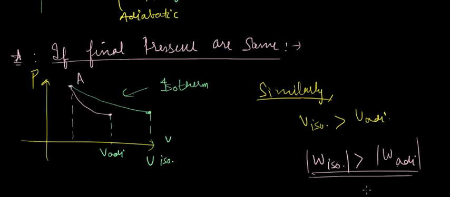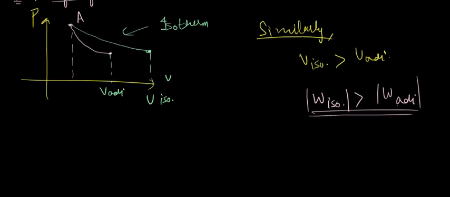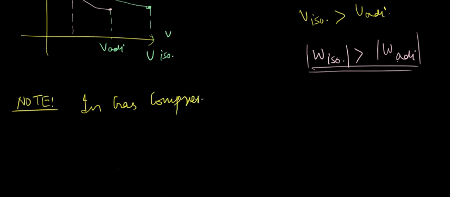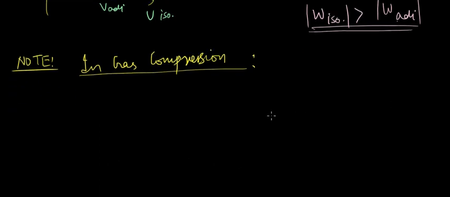Okay, next, what happens in case of gas compression? In gas compression, we have this graph PV.